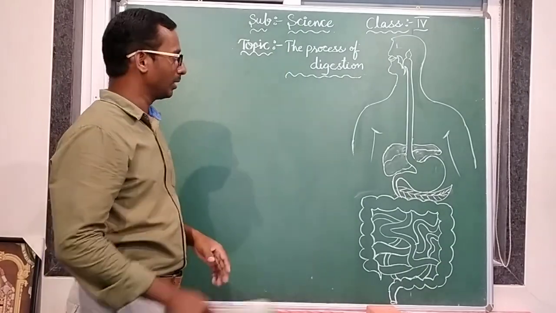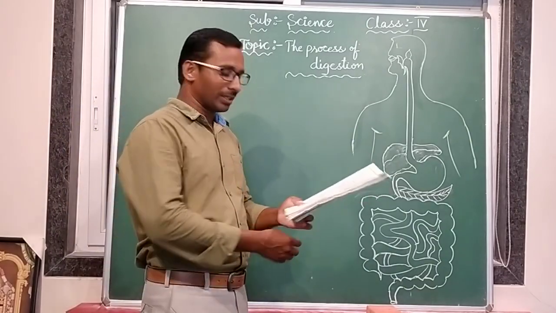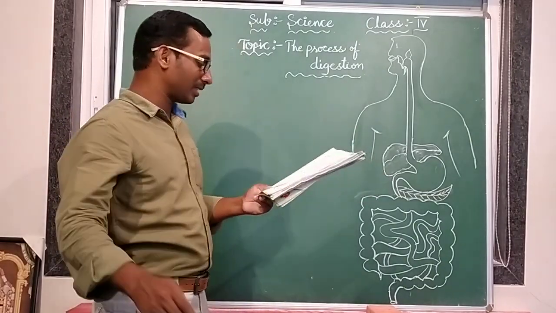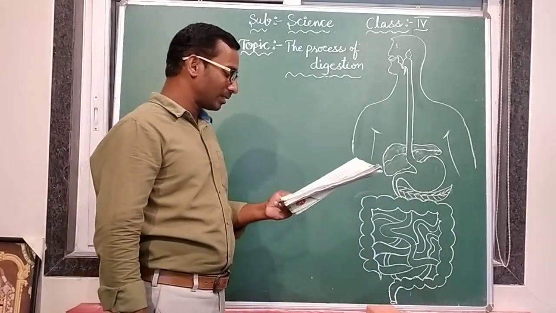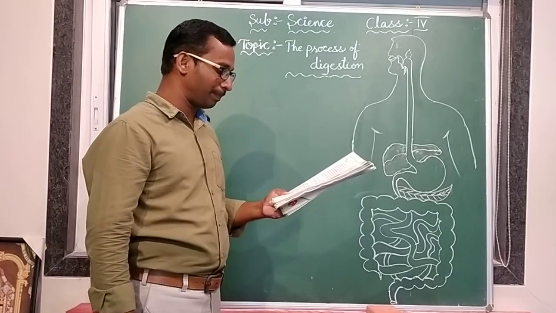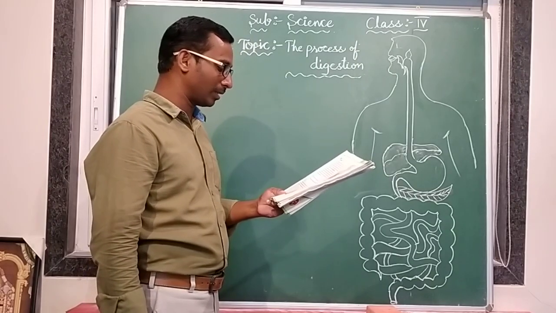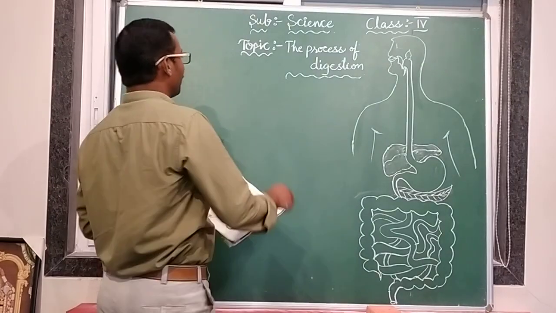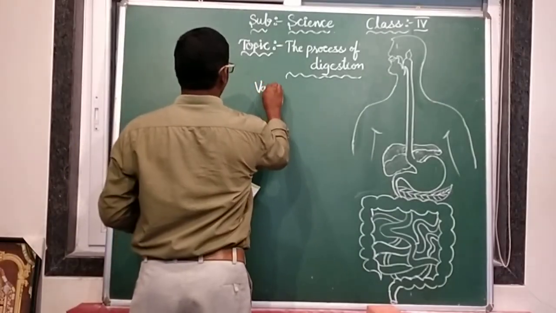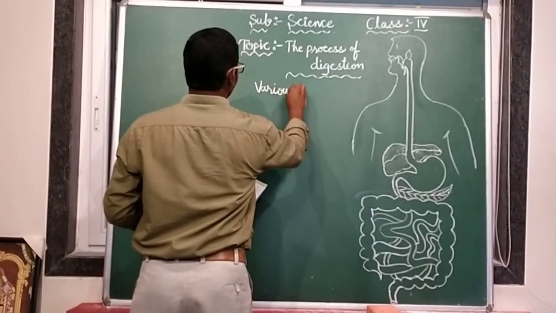Clear? Yes. So see there. See your textbook. The process of digestion. Various organs of the digestive system perform different functions to complete the process of digestion. Various means different.